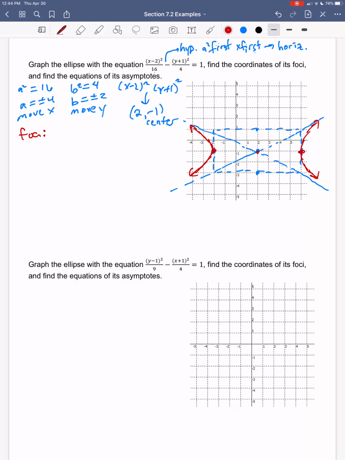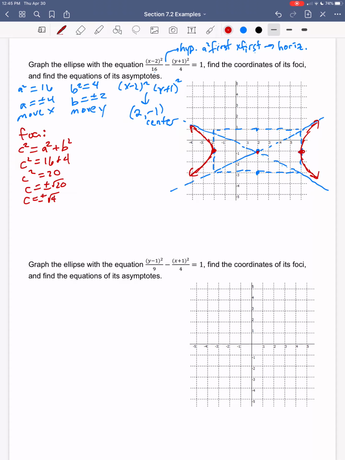So c squared and a squared can't be equal. C squared is actually bigger, so I'm going to have to add something to a squared to make it work. So a squared is 16, b squared is 4, so that means c squared is 20. So c is plus or minus the square root of 20.